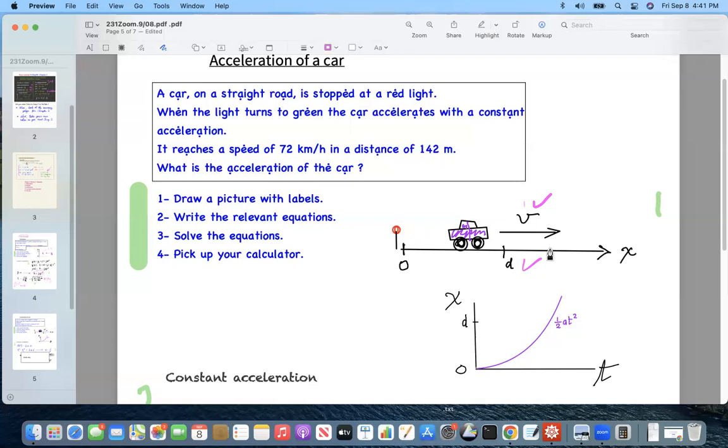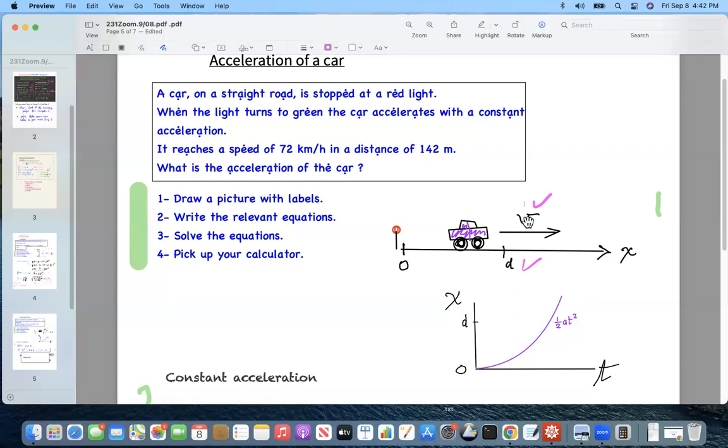But I'm not going to write 142 meters on my diagram because somebody else might have a different number, and d is a variable. It could be different for some other version of the problem. I'll just write down the symbol for distance, d. And eventually I'll use 142 meters.